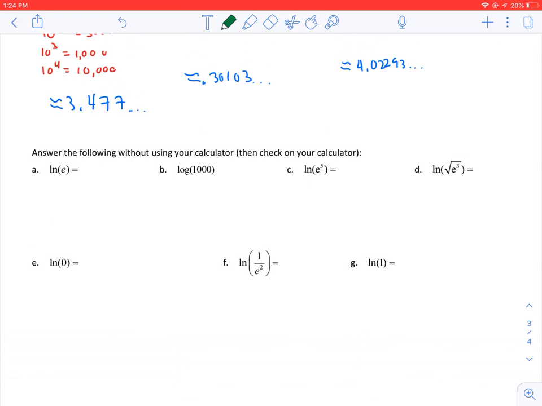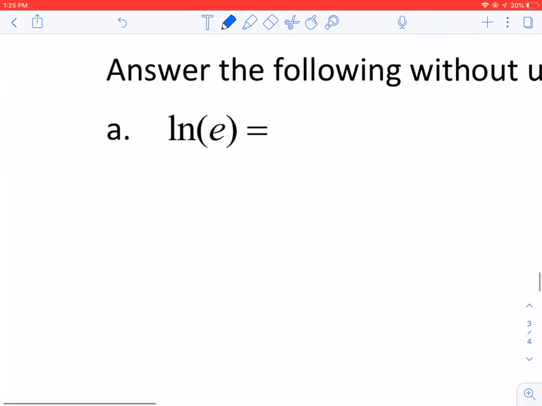But these will have exact values. And normally I do like a quick exit ticket in class, no calculator, where you have to just calculate some log or natural log values. But can't really do a no calculator quiz at home, so I'll just show you how to do these.